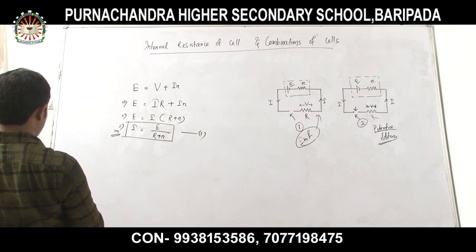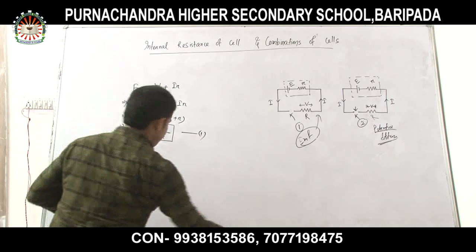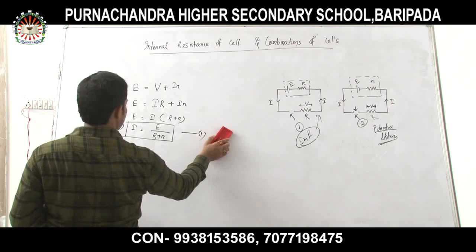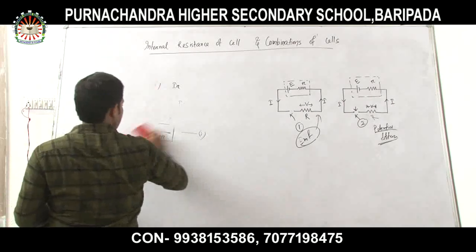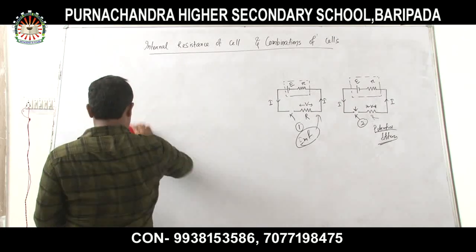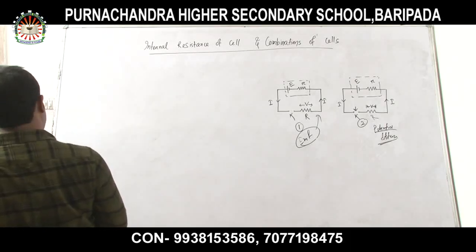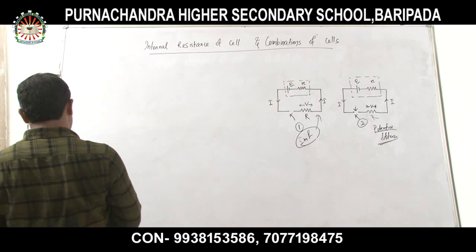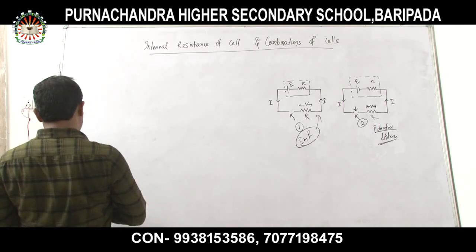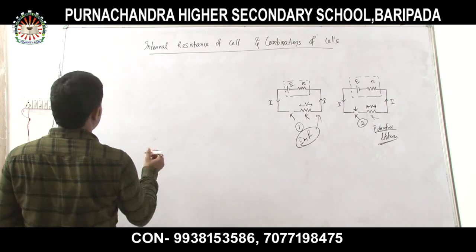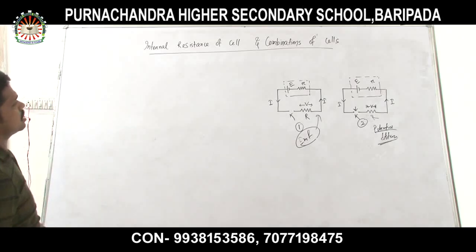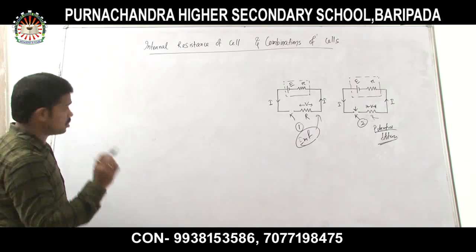Okay, the next we will discuss about how we will calculate the internal resistance of the cell. Okay, so for that we will move into the same formula. Let us move into the same formula.